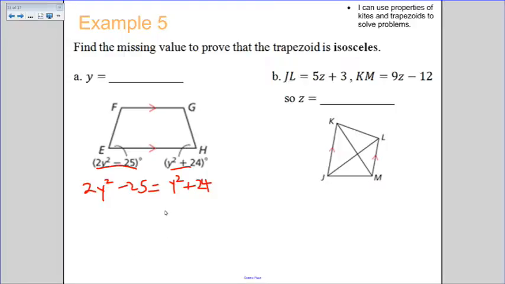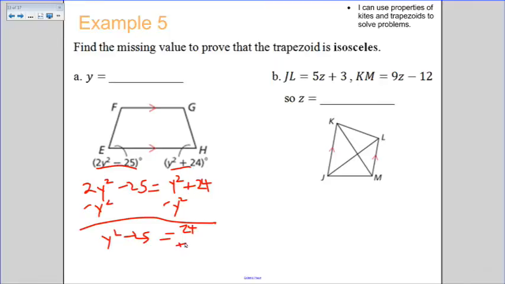Okay, so let's subtract y squared from either side. I'm going to get y squared minus 25 equals 24.